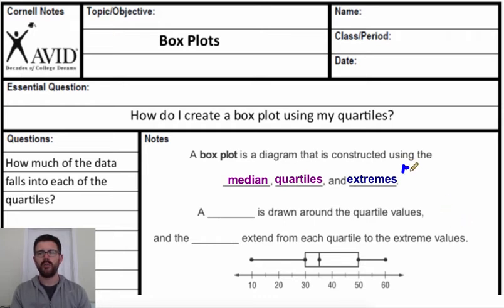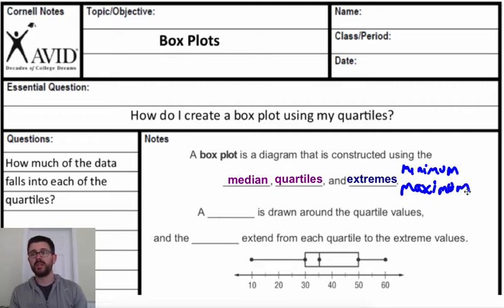They're also called the minimum and the maximum. But basically they're the biggest and the smallest, or the smallest and the biggest here. A box is drawn around the quartile values, and then the whiskers extend from each quartile to the extremes.